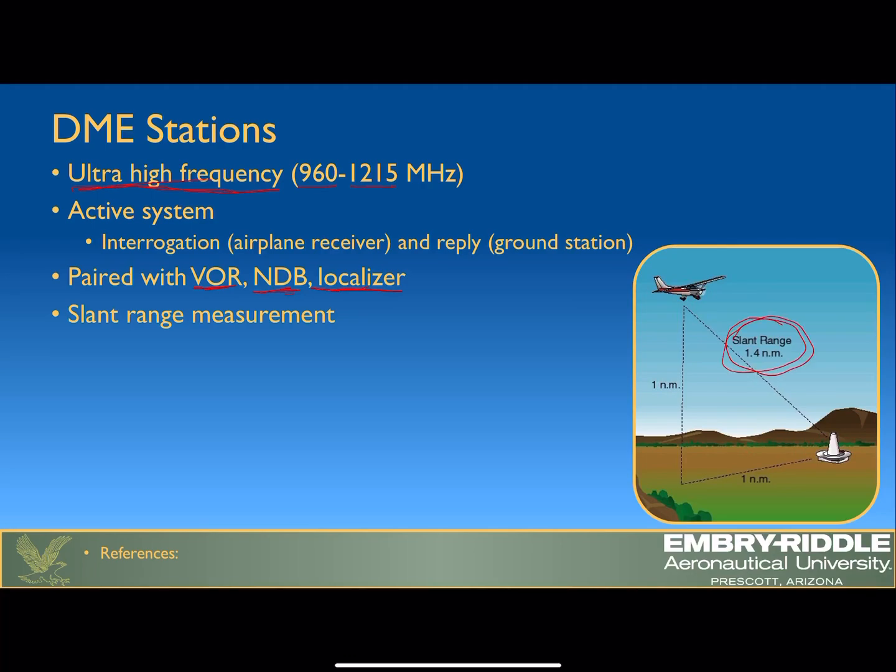You can see in this diagram, if we are horizontally 1 nautical mile from the station, and we are vertically 1 nautical mile above the ground, that would give us a slant range of about 1.4 nautical miles. So something you just have to remember, that it's measuring slant range. It's not measuring your horizontal distance over the ground to the station. It's measuring the line of sight distance.